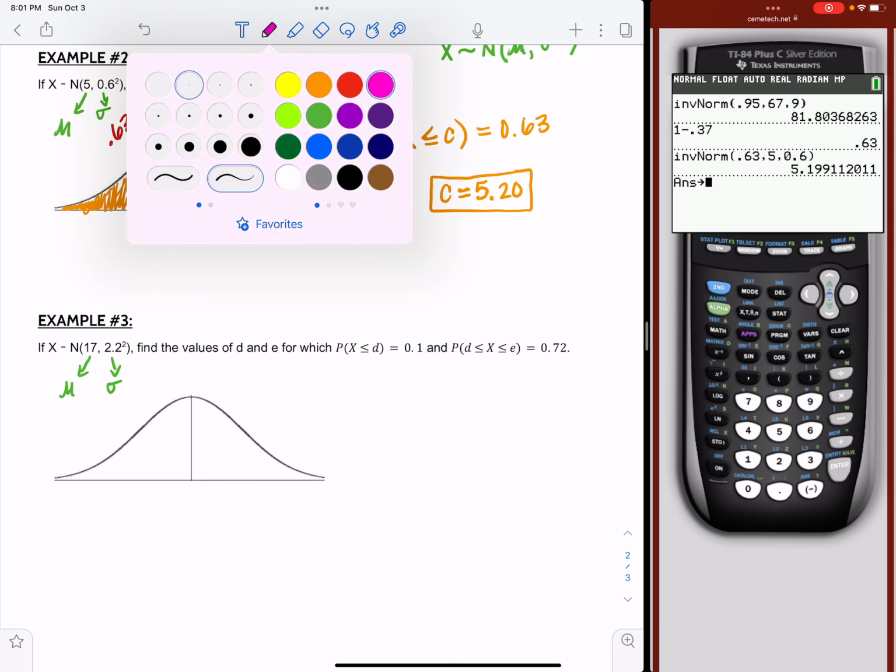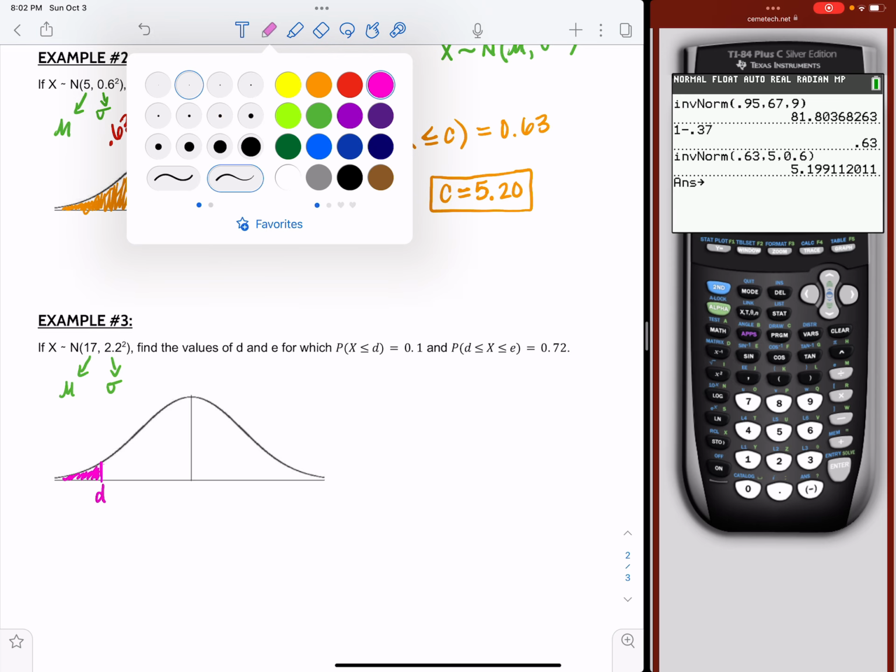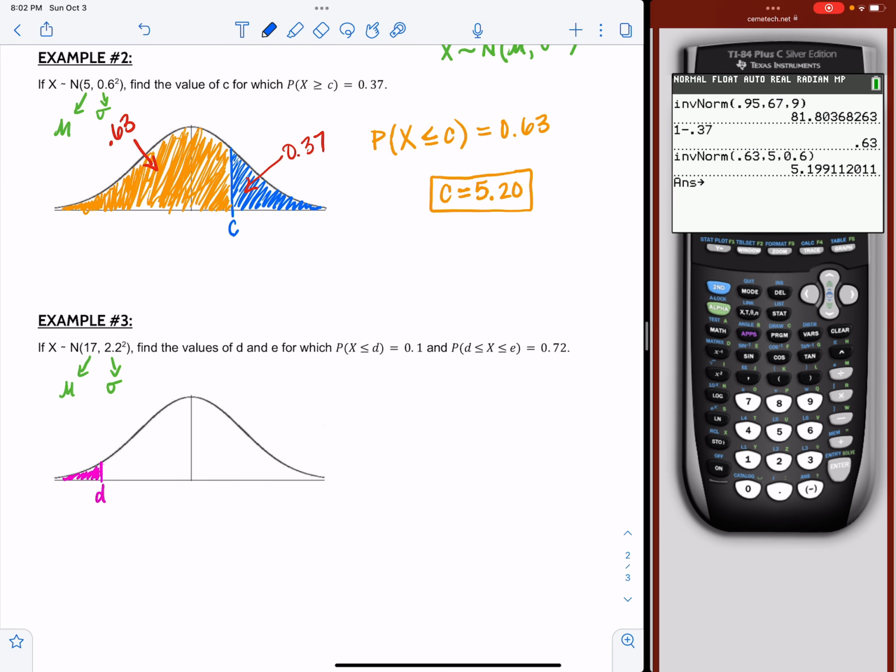So if I want to mark it, the probability that X is less than or equal to D is only 0.1. So that's going to be somewhere around here. So I know that D will be here. And I know that the area is 0.1.